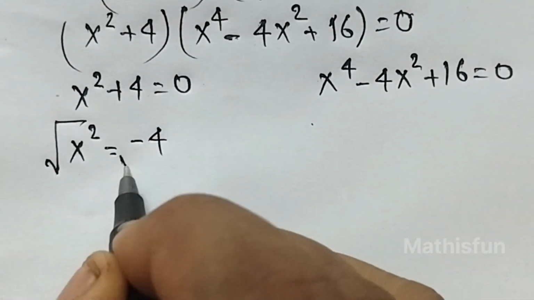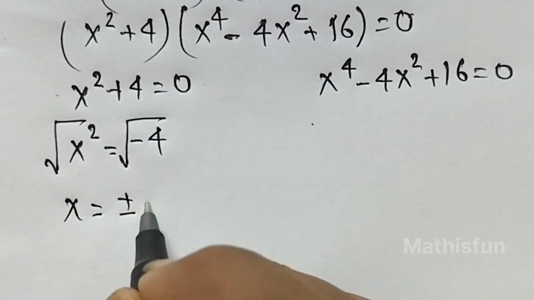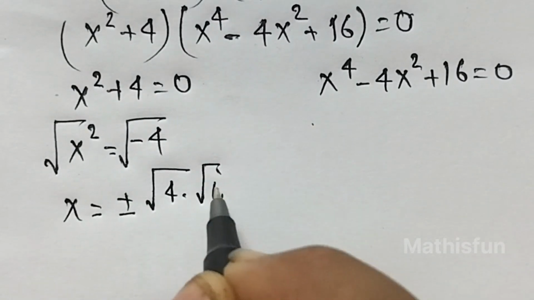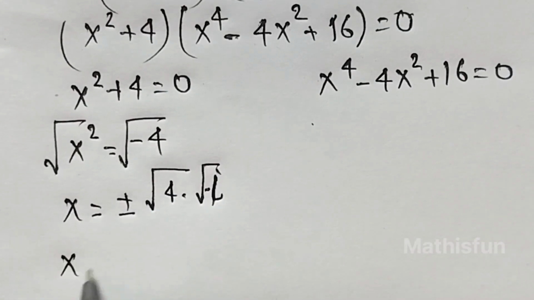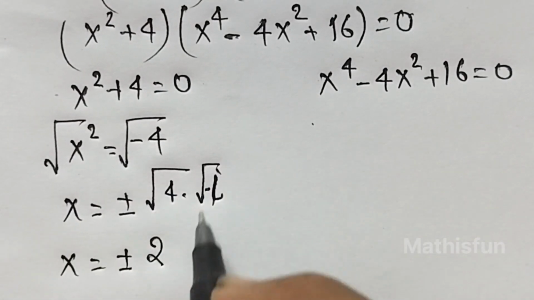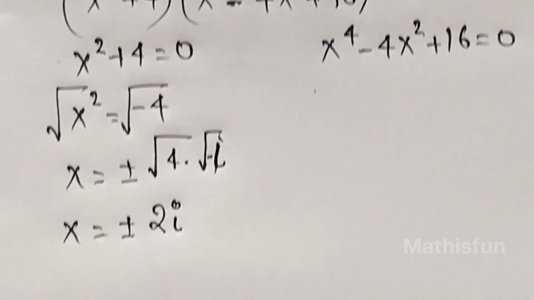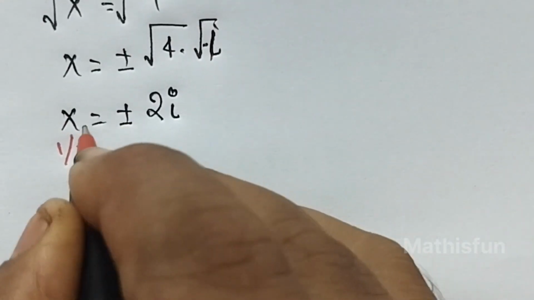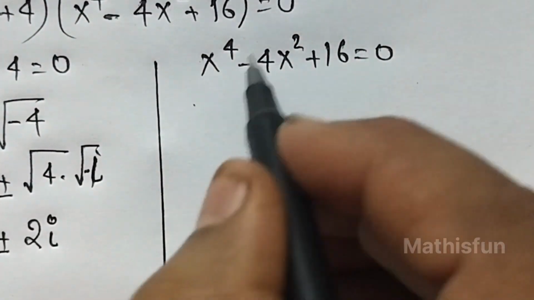By taking square root on both the sides, we get x equals plus minus under root 4 into under root minus 1. So this becomes x equals plus minus 2 under root minus 1, and we know that is i. So two values of x we got, plus minus 2i. Another 4 values we will get from the other equation.